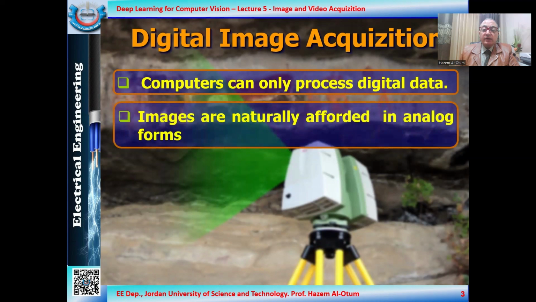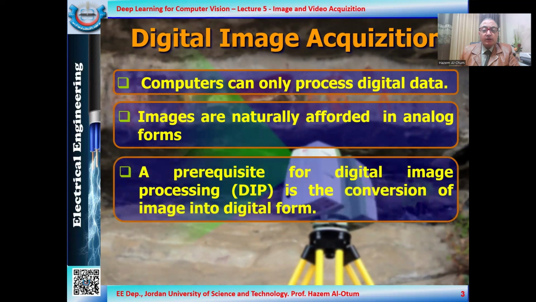However, images are naturally afforded in analog form, because we are living in an analog, or continuous, world, and what we see, what we hear, what we can sense is naturally in analog form. As a prerequisite for digital image processing, we need to convert these analog signals or inputs into digital form. This includes, for sure, images and videos.